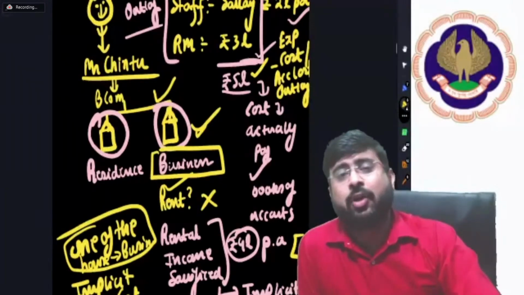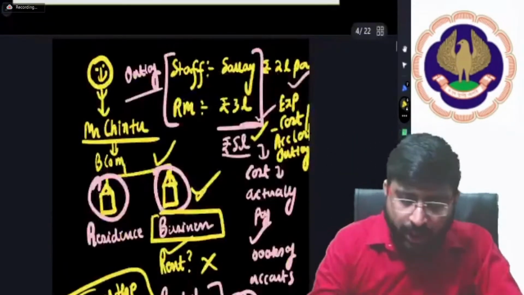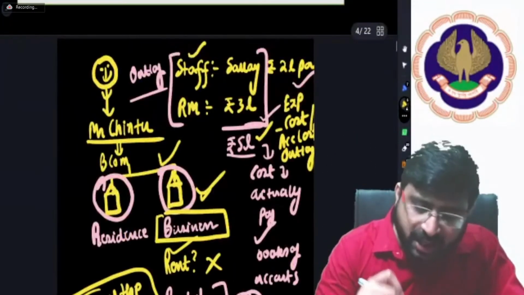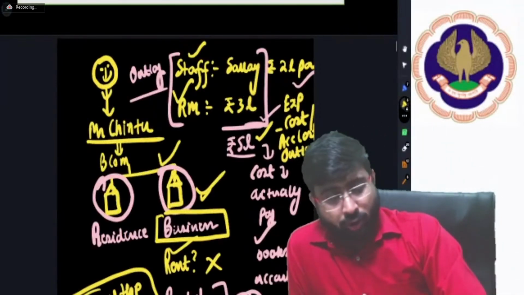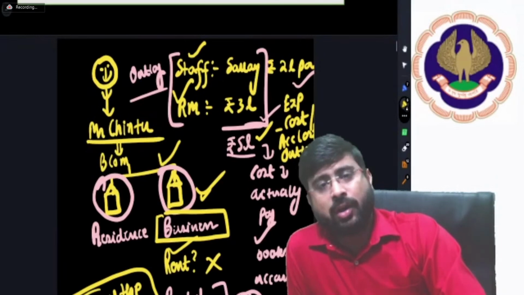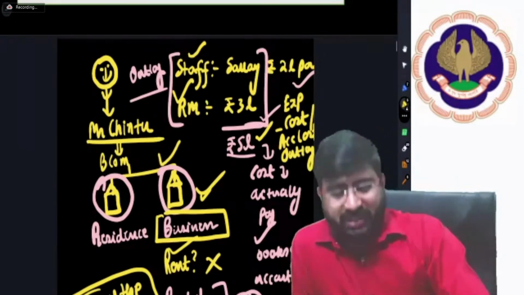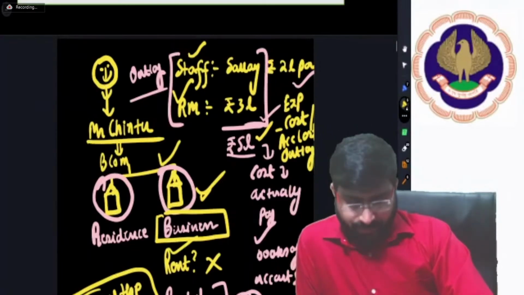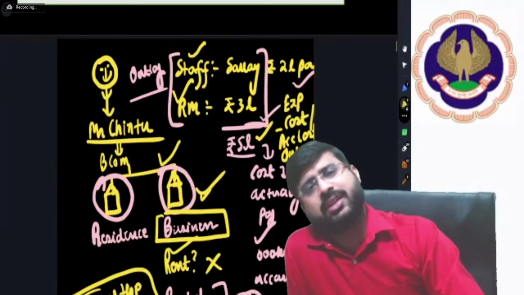Explicit cost is when you have to pay for the business actually. For example, Mr. Chintu has hired some staff, and so staff salary and raw material cost have to be incurred by Mr. Chintu.